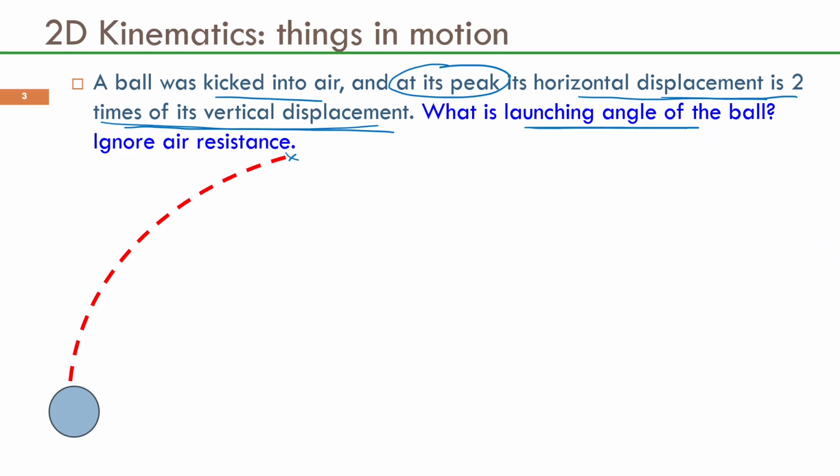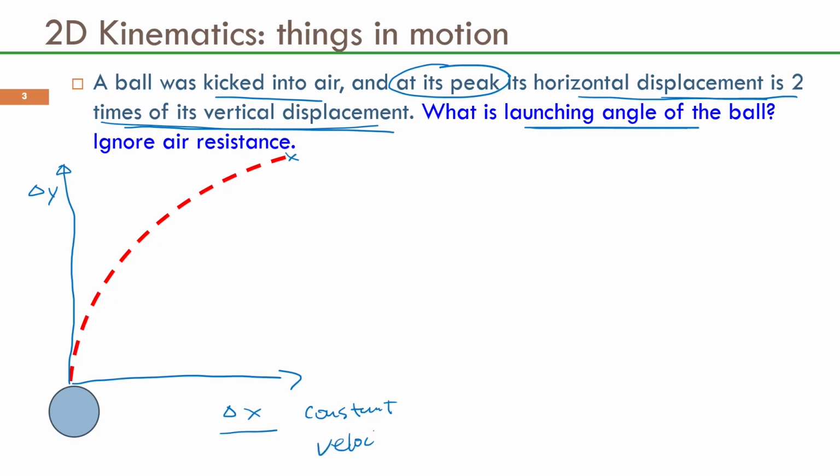So let's say this is the peak, this is my horizontal displacement, and this is my vertical displacement. Along the horizontal direction, I have constant velocity.